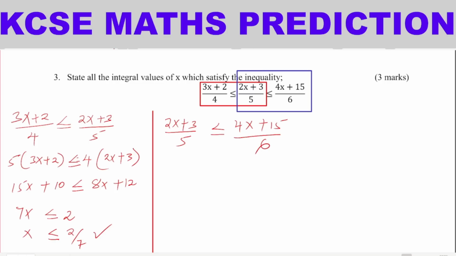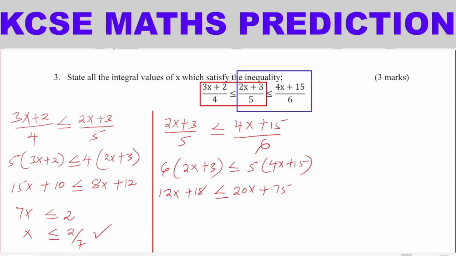Again, you cross multiply, so you have 6 multiplied by 2x plus 3 less than or equal to 5 multiplied by 4x plus 15, like that. So this will give 12x, open the brackets, plus 18 less than or equal to 20x plus 75. So that is what you get.